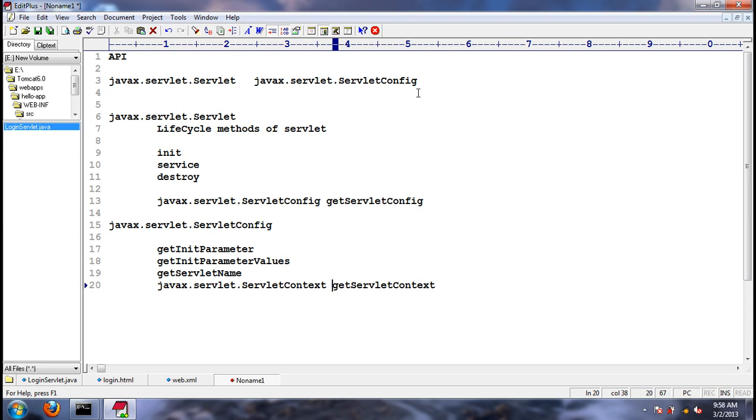And those servlet-specific parameters are called init parameters.